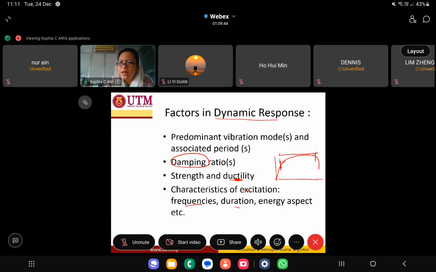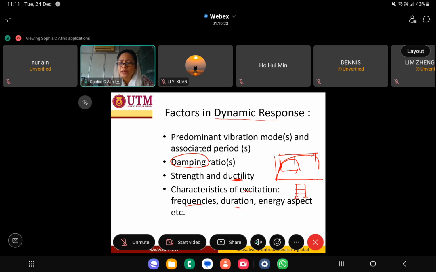If you have a higher ductility structure, for example a building, you can save your people from running out of the structure before they are completely trapped in the collapsed building. However, if after the yielding point the structure directly collapses, then the time your people have to save themselves is very short.